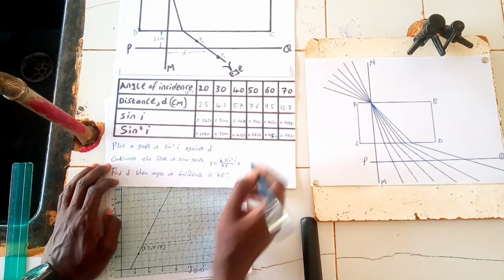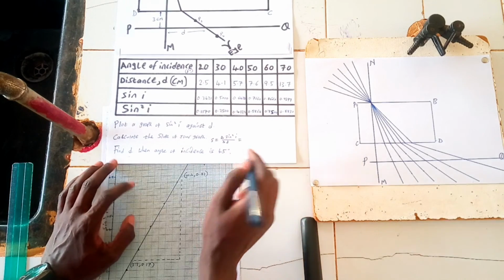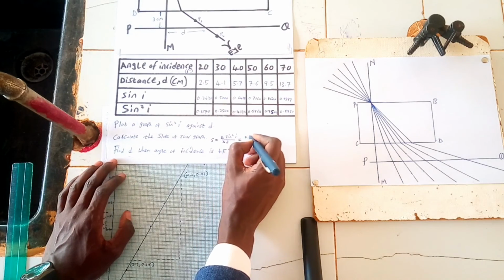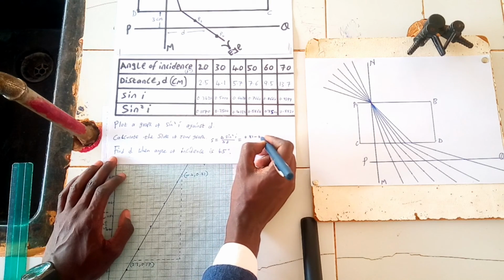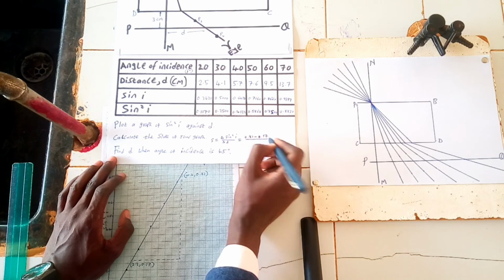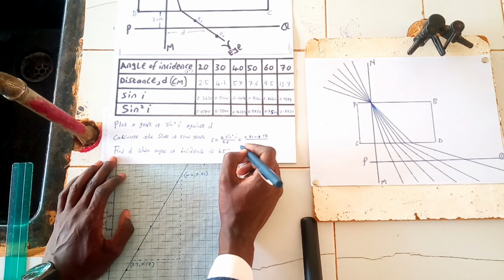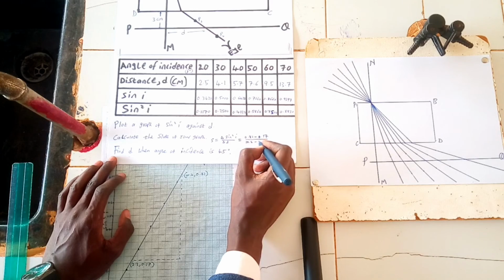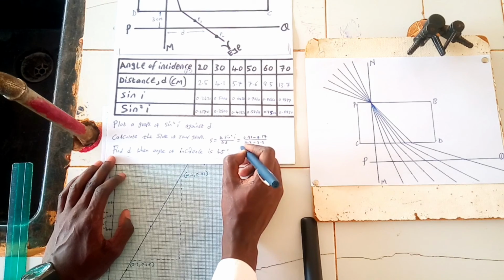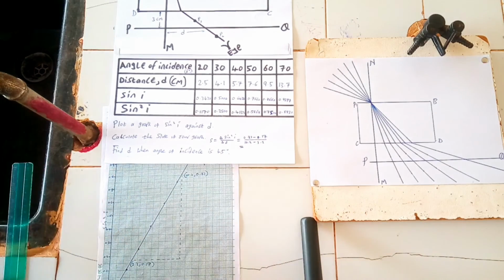And this means 0.81 minus 0.17 divided by 10.2 minus 3.2. This gives us what?